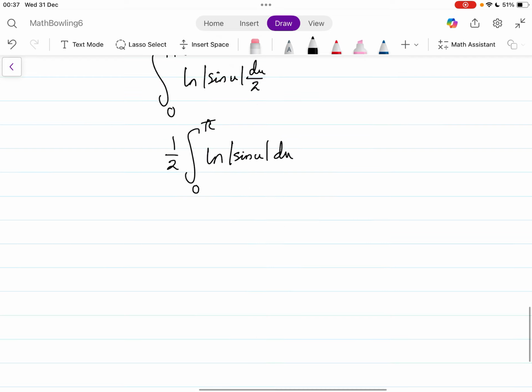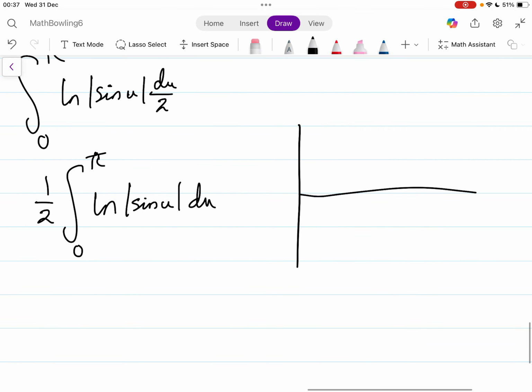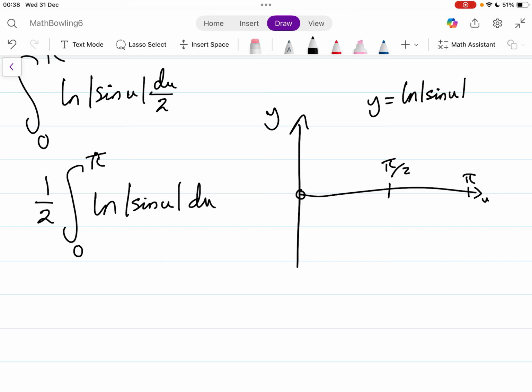Now going back to the graphs, I'm going to sketch this very roughly. You know, the one pi over 2 is here. This is y, this is u, and we've got the function y equals ln sine u. This is pi. This is obviously 0. So sine of 0 and sine of pi are both 0. Then ln of 0 is negative infinity. So we're going to have something that looks like this.